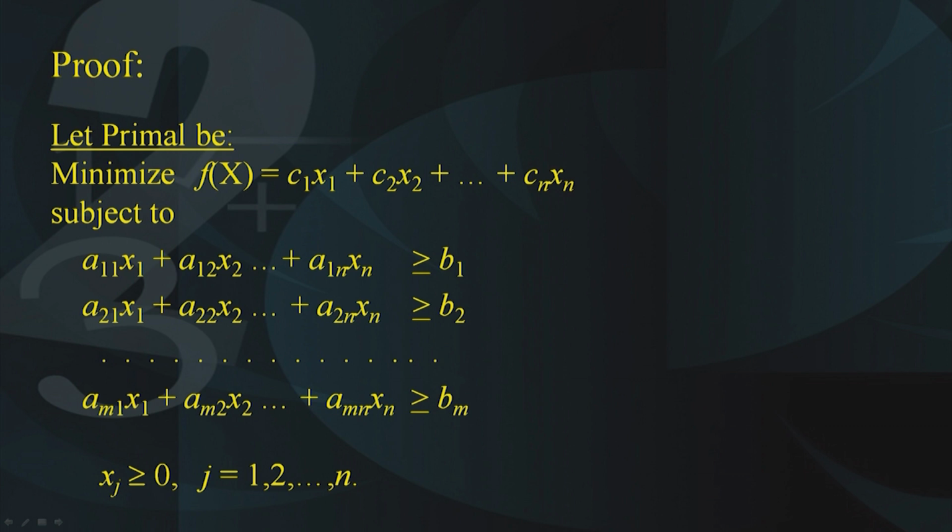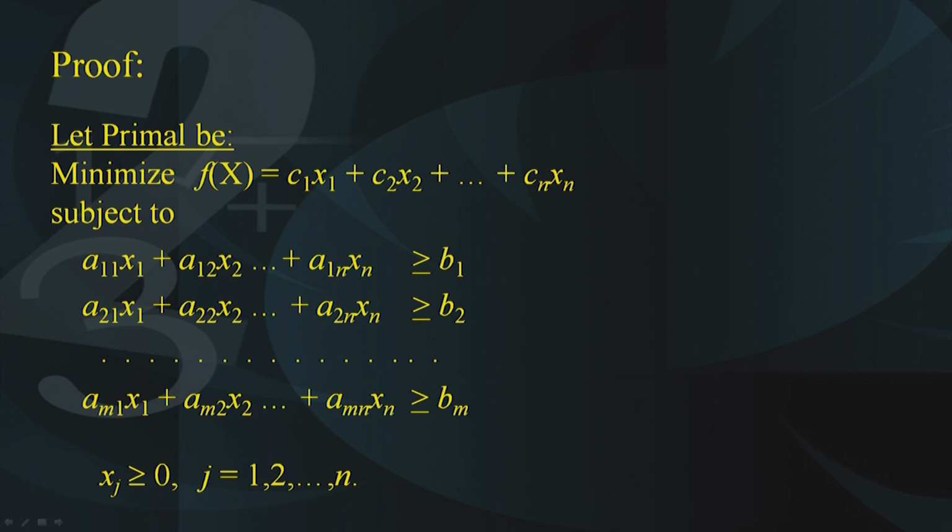Here is the proof. Let us suppose that the primal problem is given by minimization of f(x), which is equal to c1 x1 plus c2 x2 plus cn xn, and this is subject to a11 x1 plus a12 x2 plus a1n xn greater than or equal to b1.